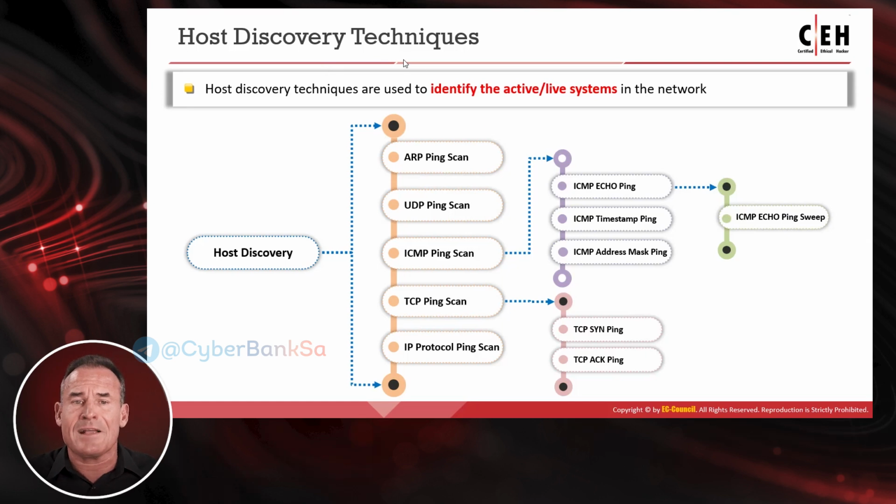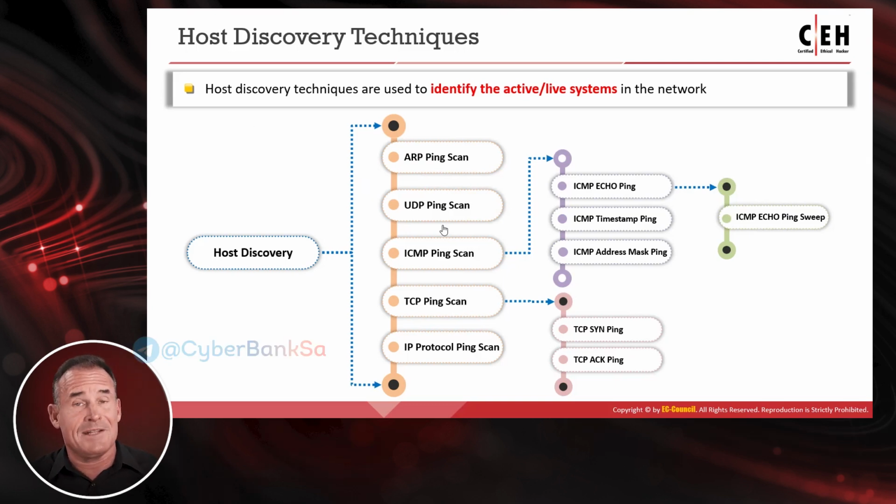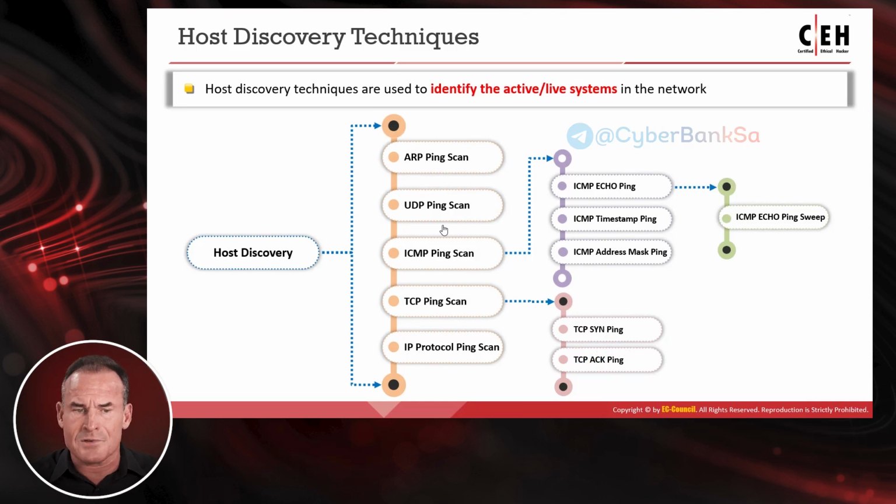Host discovery techniques are typically called ping sweeps or network sweeps. A ping sweep doesn't have to be ICMP. It's anything that elicits a pong for your ping, for example, a TCP connect or a UDP packet. If they elicit a response, gotcha, you responded, you must be a live host.